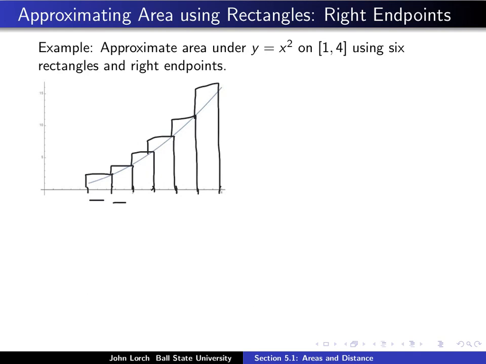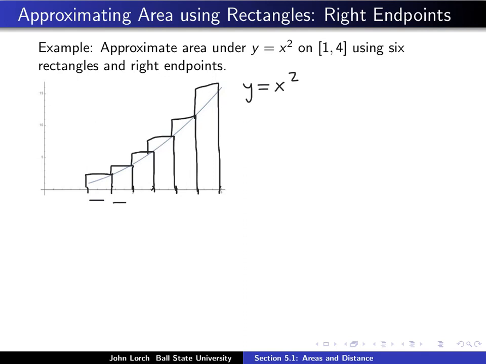Now, we might not know the area under the curve y equals x squared because it has this amorphous shape that we don't really know how to find the area of. But we can all find the area of a rectangle just by taking its base times its height.